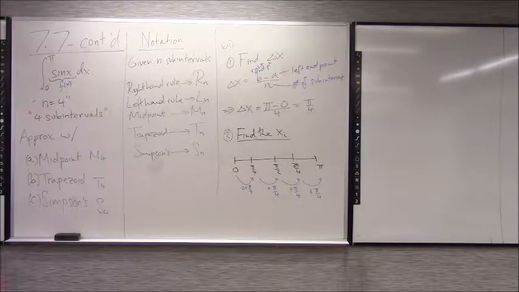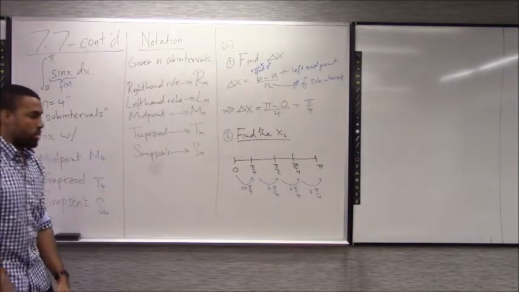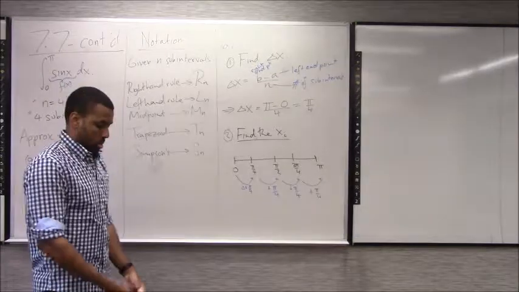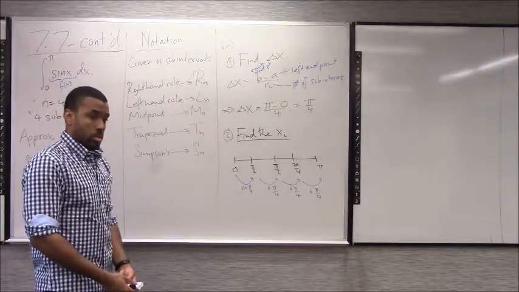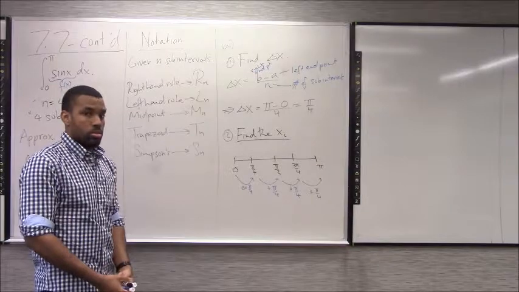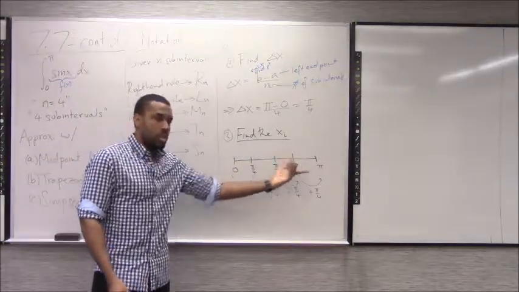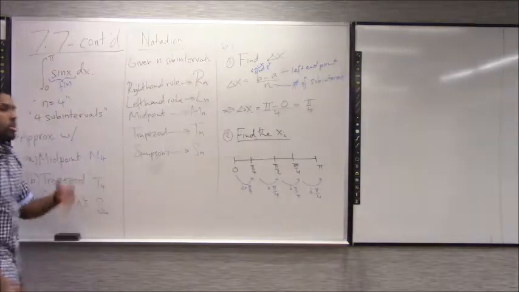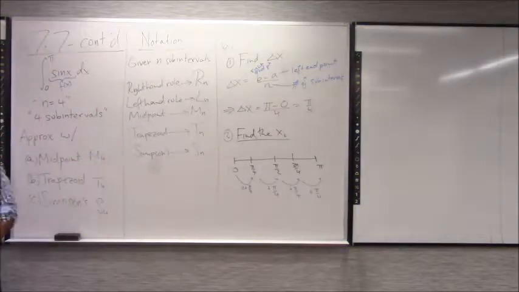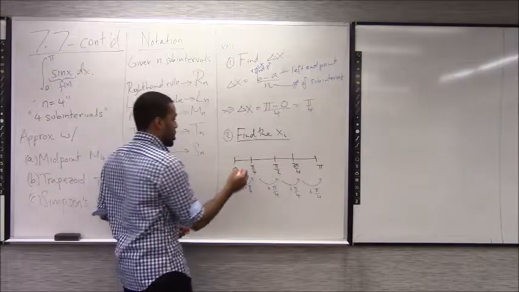Now, in part A, we're looking for the midpoint rule, so what are we actually after here? Points in between each of them. Literally the points in the middle of each of these intervals. So for the midpoint rule, you have to find another set of numbers, the numbers in the middle.